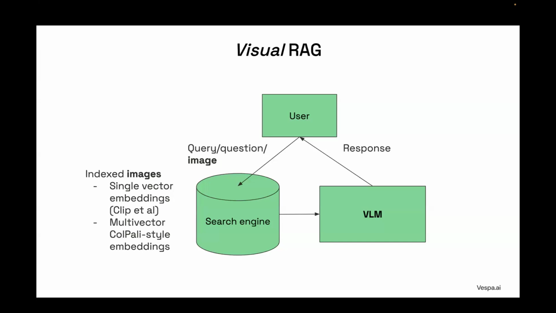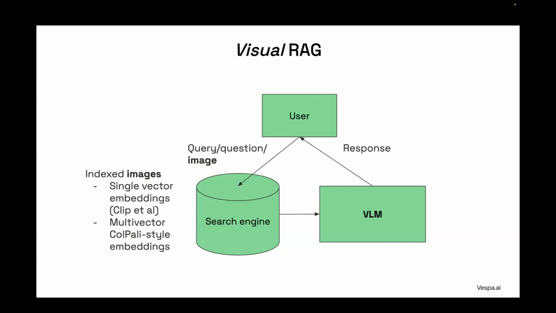You could do single vector embeddings, so that means that you have one image and the result is one vector. That will work for some use cases, like if you want to do image search, so you search for a cat and then you want to find the images that have a cat in them.